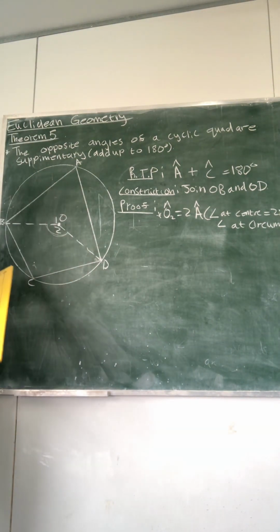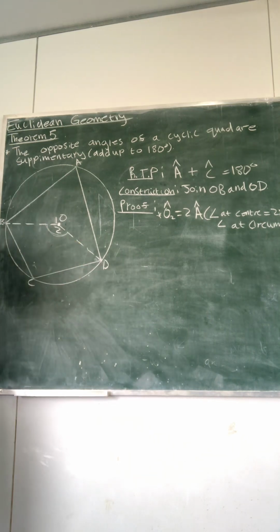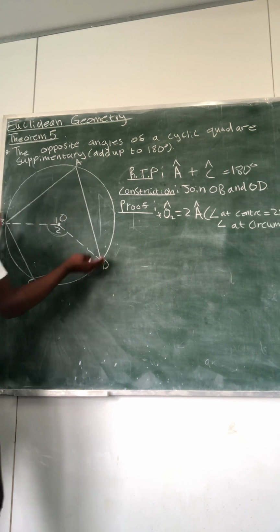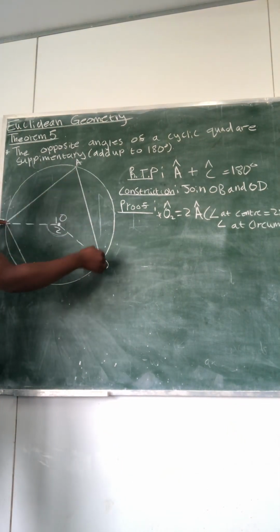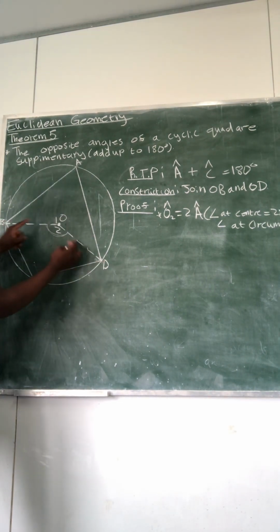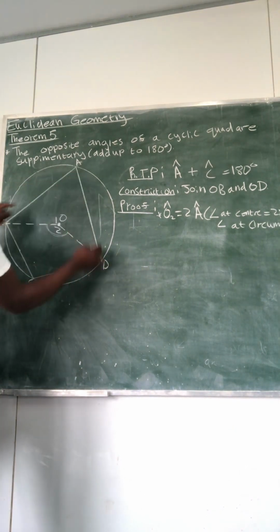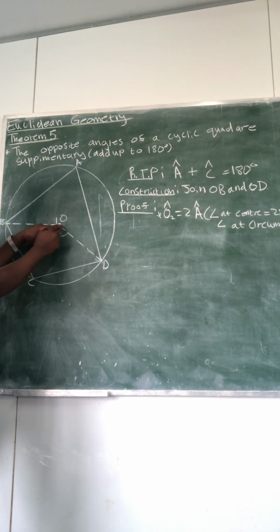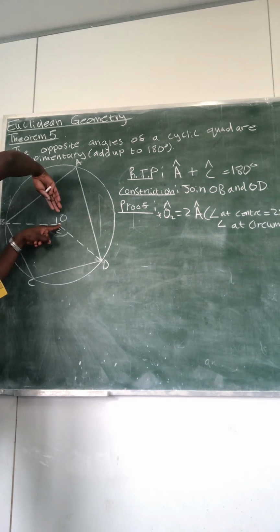But once again, if we now look at the upper part of arc BD, you can see the upper part. Since the lower part of arc BD subtended O2 and A, the upper part of BD is going to subtend which angle at the center? O1.